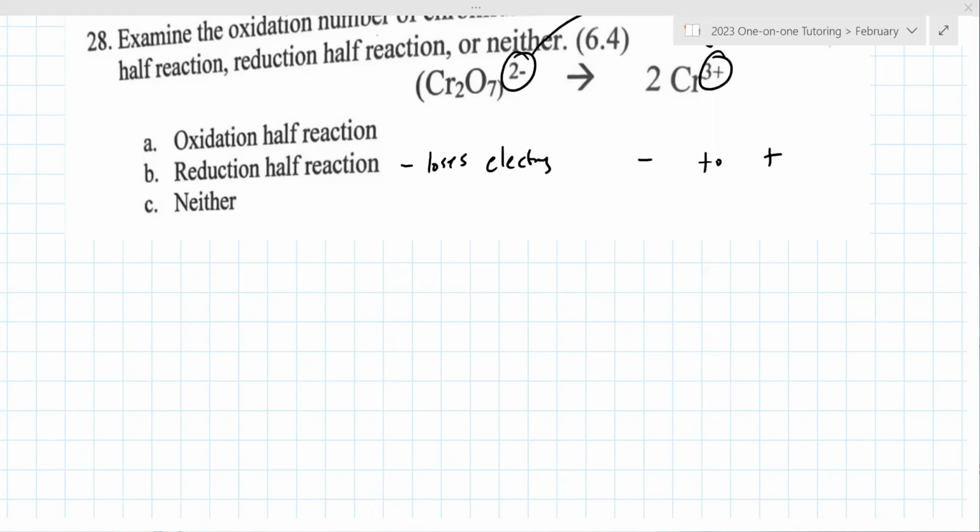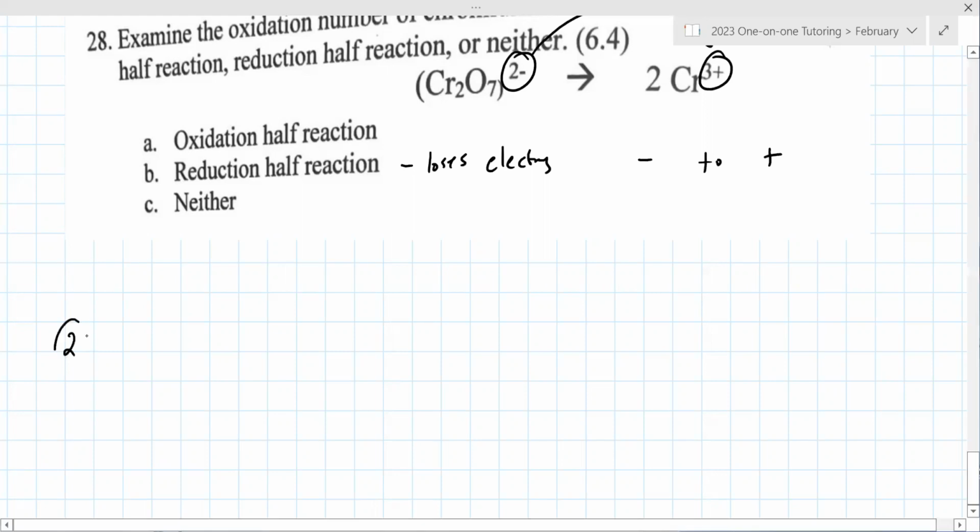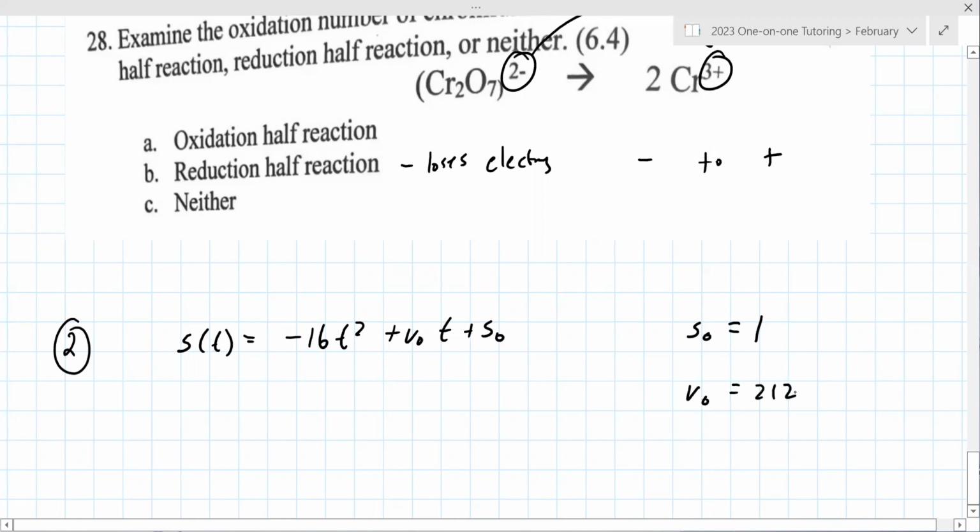So, okay, number 2 here. The position function for free falling objects S of t is -16t squared plus v0 t plus s0. A rocket is launched from a 1 meter platform. So that means s0 is 1, and the initial velocity v0 is 212 meters per second.